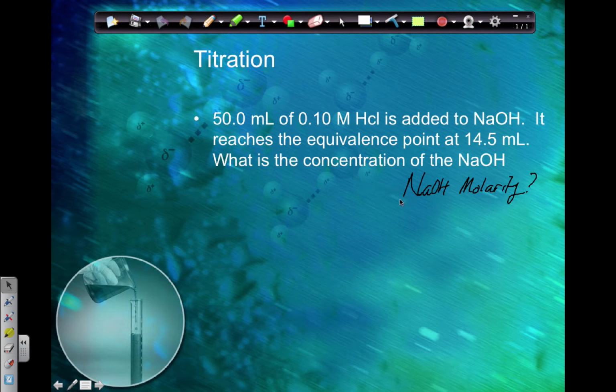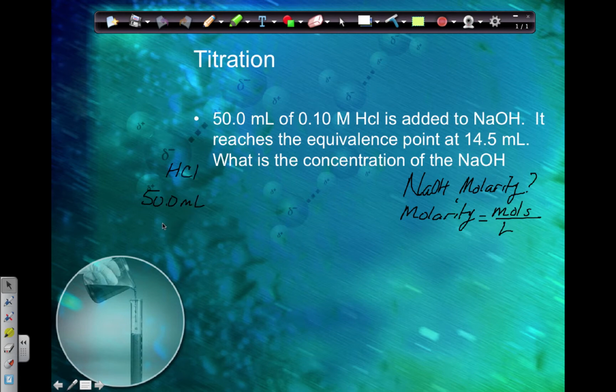And I know that molarity is equal to the number of moles divided by the liters of solution. So now let's see what I do have, because in order to get what I want, I have to have these two things. Well, I know that I have 50 milliliters of my hydrochloric acid.